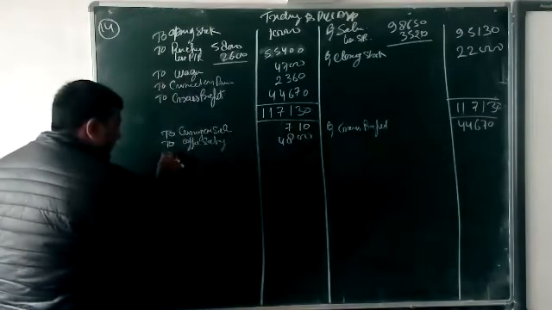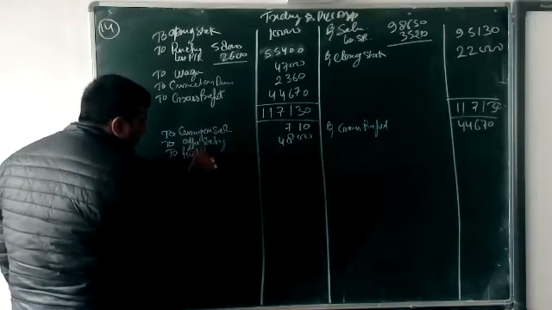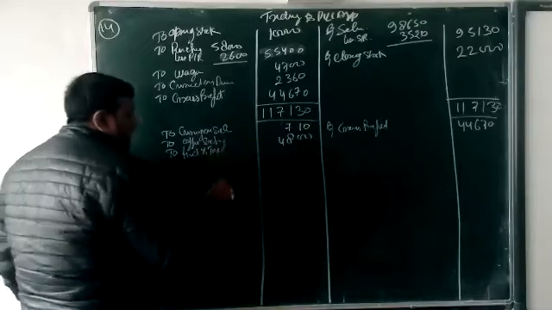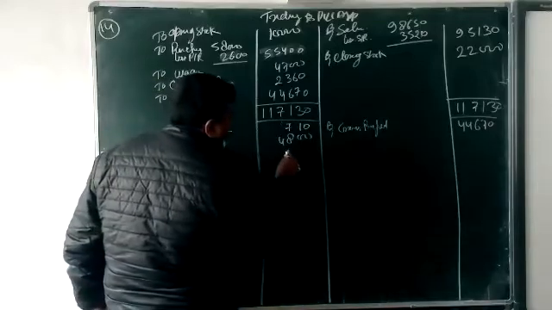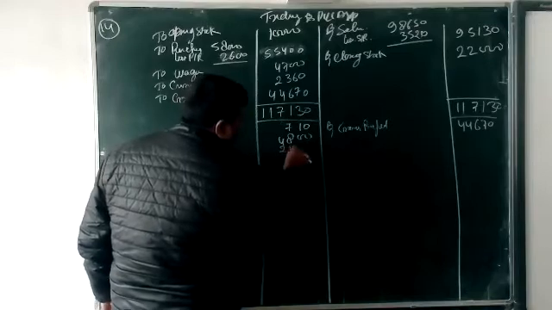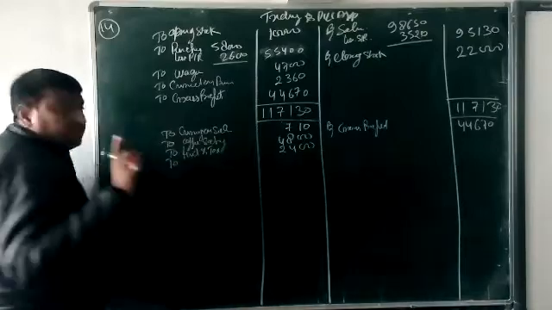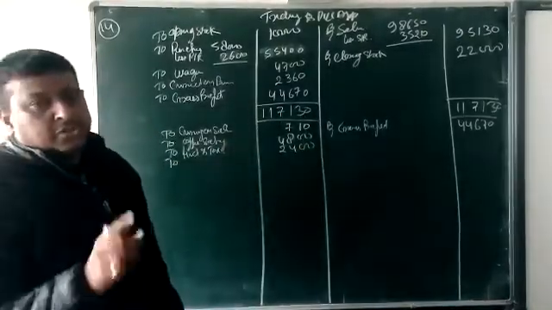Next, rent and taxes, amount 2,400. Next, cash, it's an asset, just ignore.